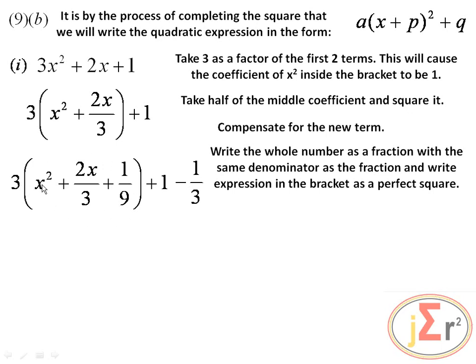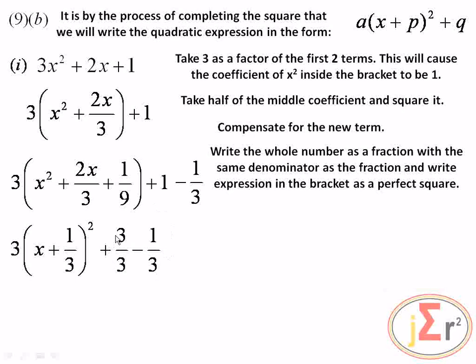What do we square to give x squared? x. What do we square to give 1 over 9? 1 over 3. So we have 3 times (x plus 1 over 3) all squared. Now this we need to combine with this. So we say 3 times 1 is 3, and we put it over 3. The denominators are the same, so we can subtract this quite easily.